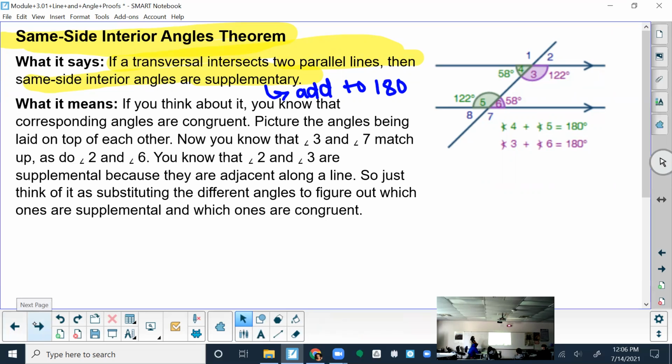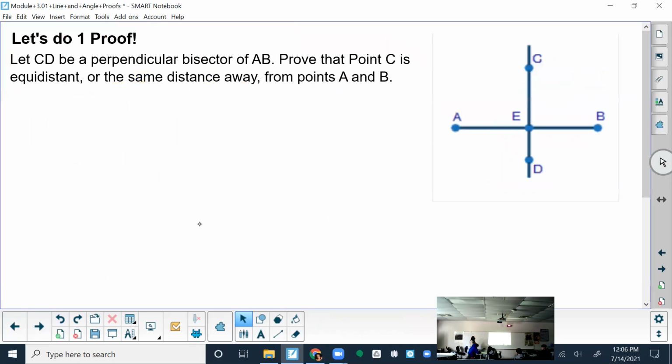So next one. Okay, we're going to do a proof together, if you will. Think of it as a word problem, and it's telling you to show that CD is the perpendicular bisector of AB. So you would have to know what perpendicular does.